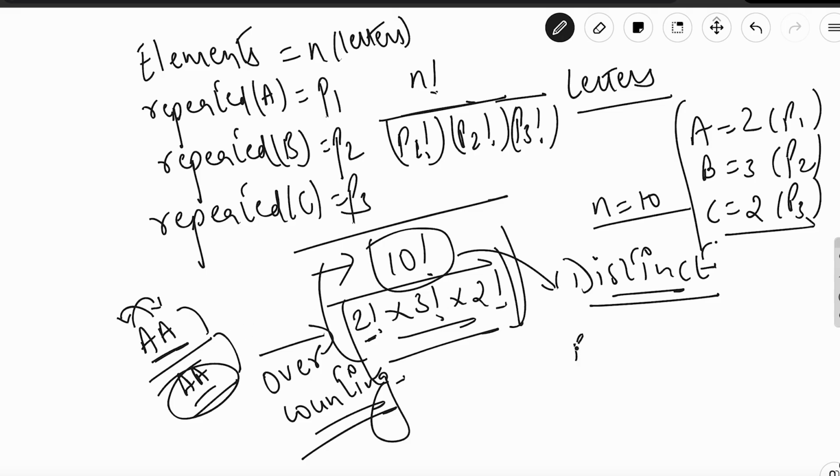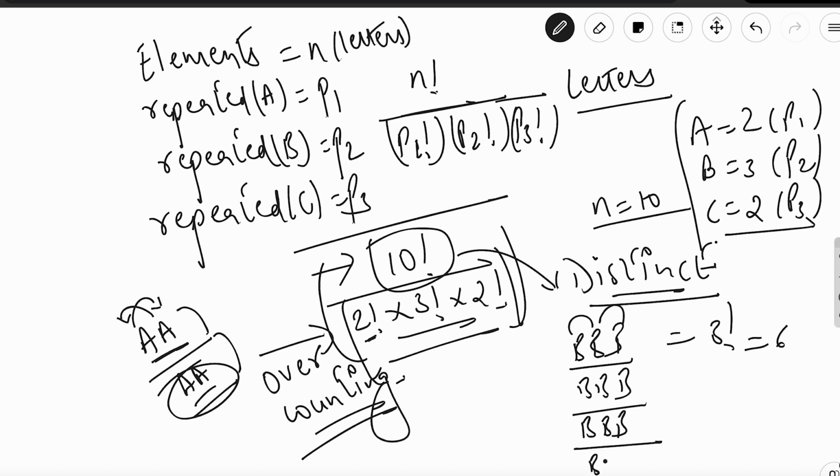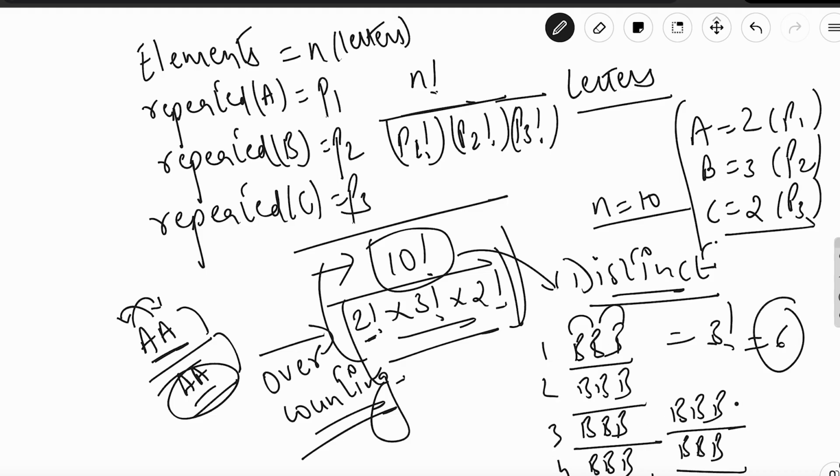Similarly, when we say B, B, B, the number of ways to arrange these 3 letters is 3 factorial, which is 6. Even if I swap these places, the final outcome will be B, B, B. So this is 1, 2, 3, 4, this is 5, this is 6.